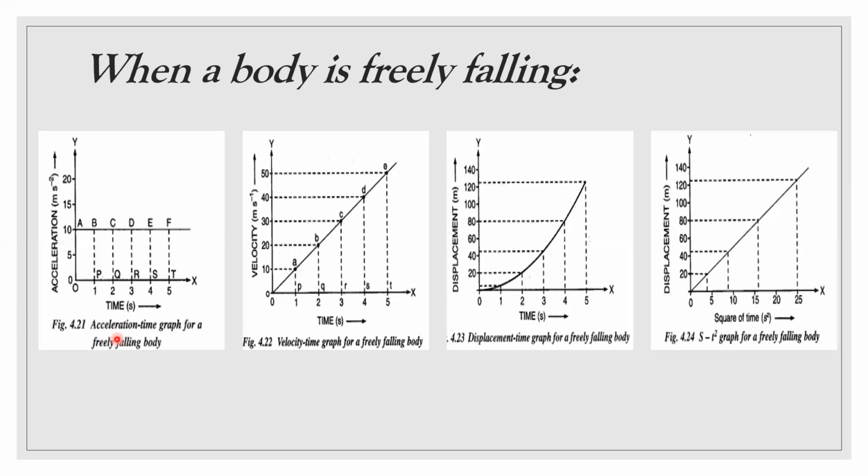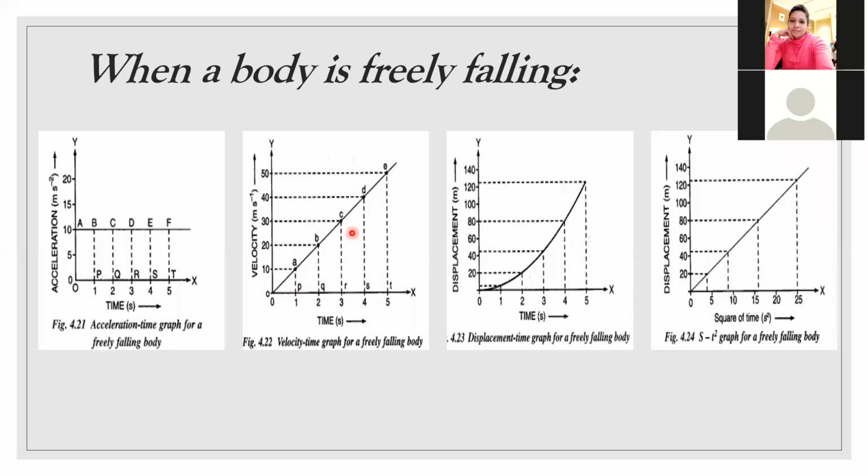Now we all know how to calculate the displacement from the velocity time graph. Velocity time graph's under area shows the displacement. Okay. So to calculate the displacement from this velocity time graph, again I will calculate the under area of triangle 1, then triangle 2, then triangle 3, then triangle 4, then triangle 5.